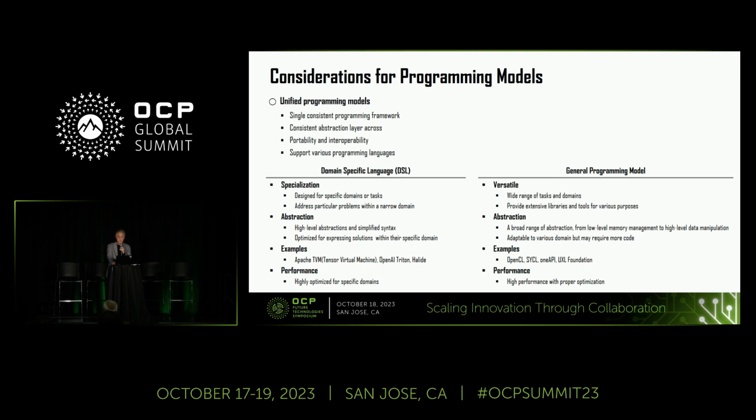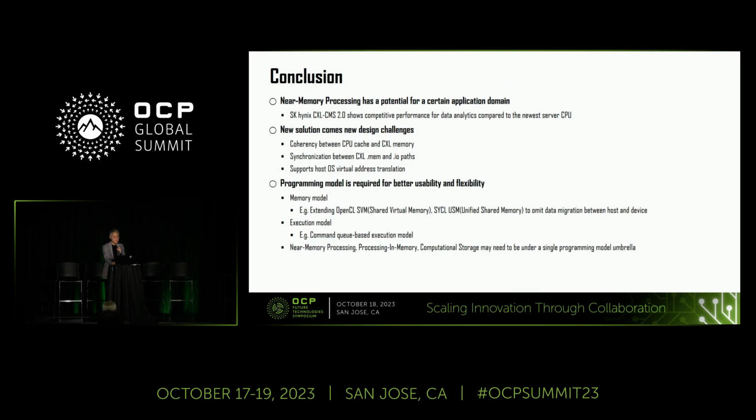This model could be domain-specific languages or more general programming models, something like OpenCL or the UXL Foundation. Of course, this kind of quite heavy programming model assumes that we put real programmable compute units like processors onto the CMS device.